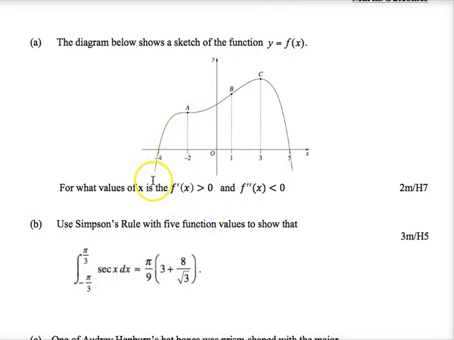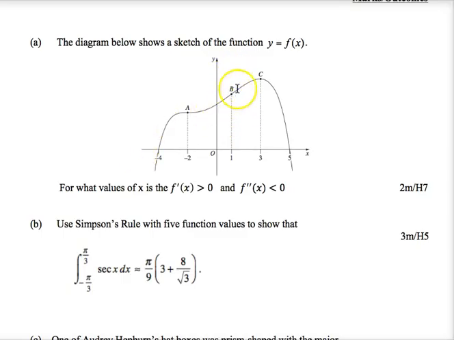Now the gradient's definitely positive for values of x here. This is a positive gradient, and at a, the gradient's 0. So f dashed x is greater than 0 for x less than negative 4.